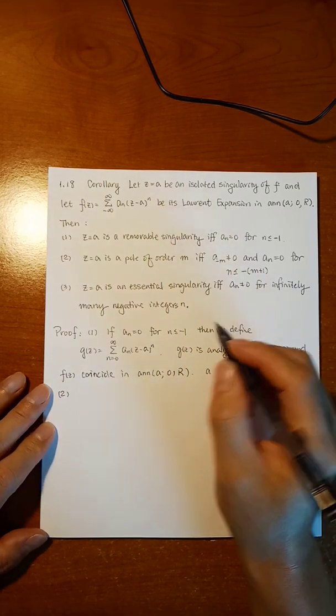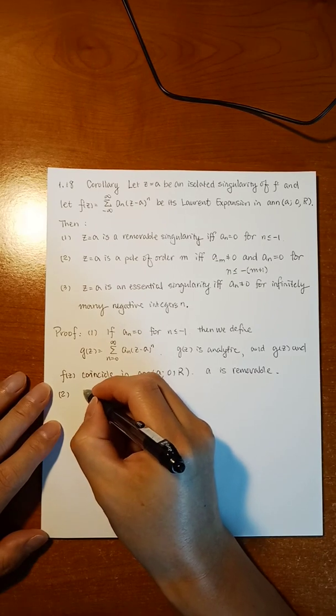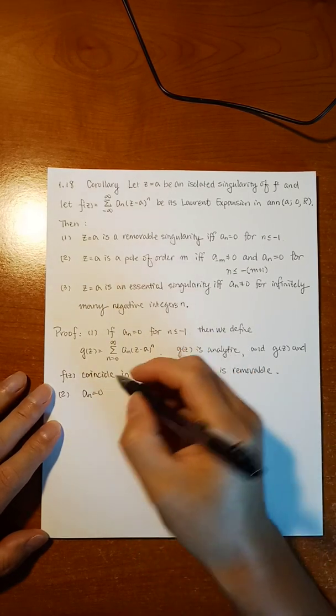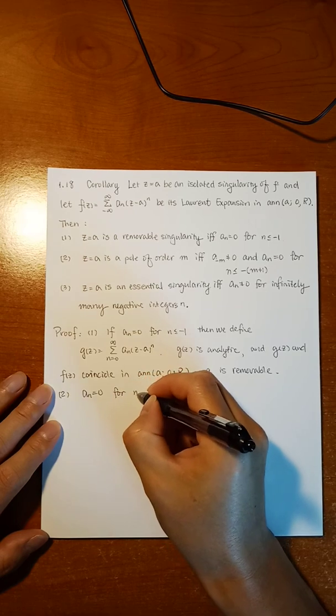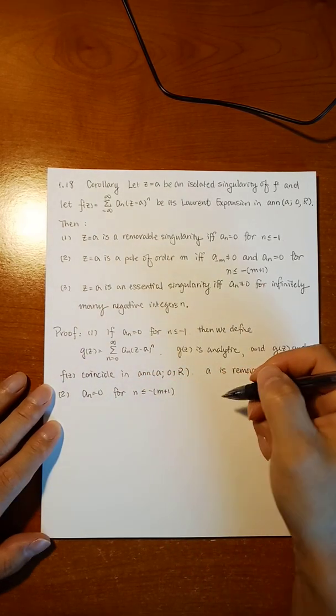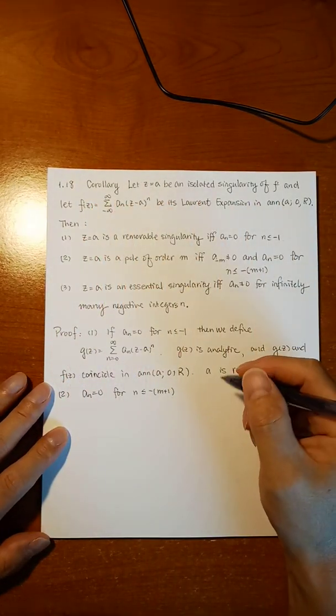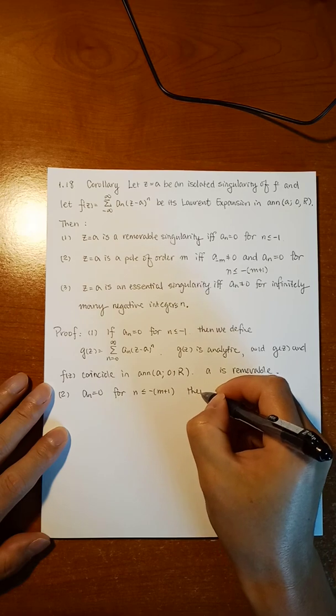And second, if a sub n is equal to 0 for n less than negative m, you cut it at n equal to negative m, then what can we say?